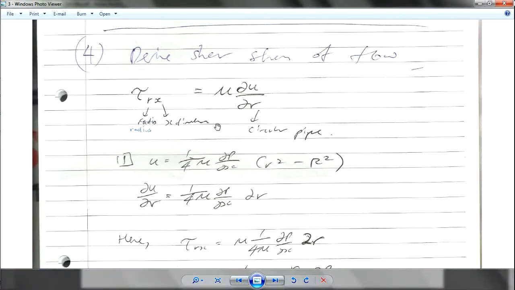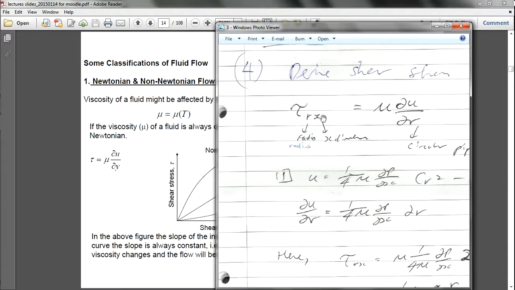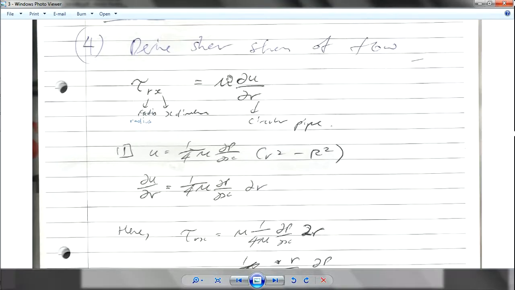So if you were to come back here, this is the same thing that I've explained. Tau is tau equals nu, and then this is the radius and x direction. So we are going in the x direction, with a certain radius. So this nu is the viscosity, while this is the change in the velocity.